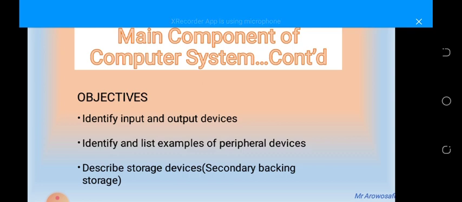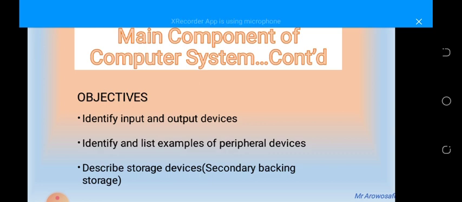On this slide, we have three objectives. The first one is identifying input and output devices, which we are going to learn how we can identify. The second objective is identifying and listing examples of peripheral devices.